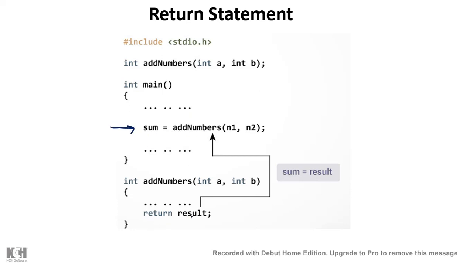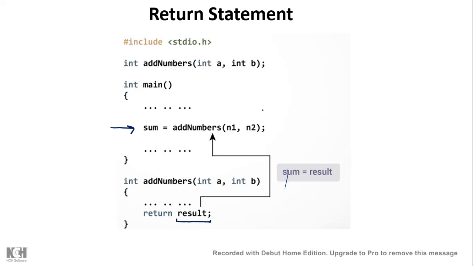Whatever the return statement returns, here the value of result, will be returned back to our calling function, which is the main function that called this function add numbers. So at this place, the call will be replaced by the return value. The program control is transferred to the calling function after the return statement.